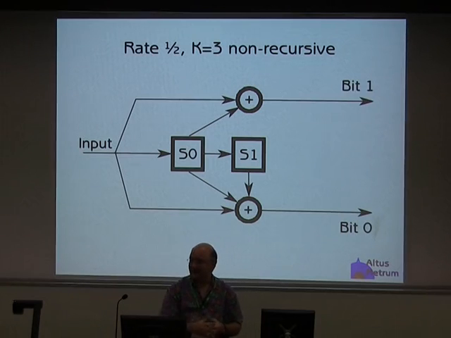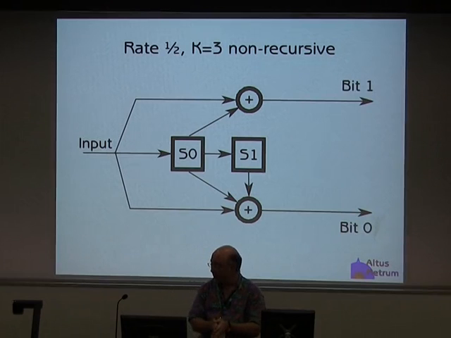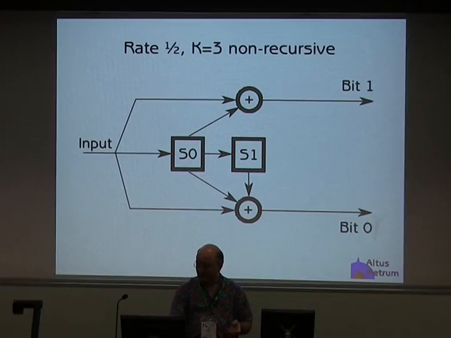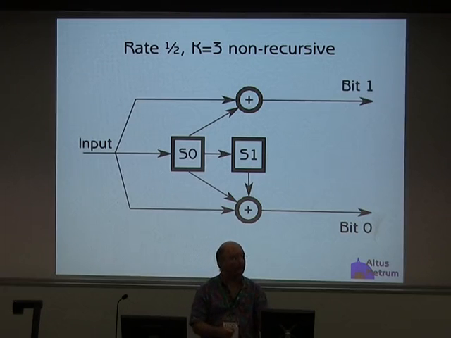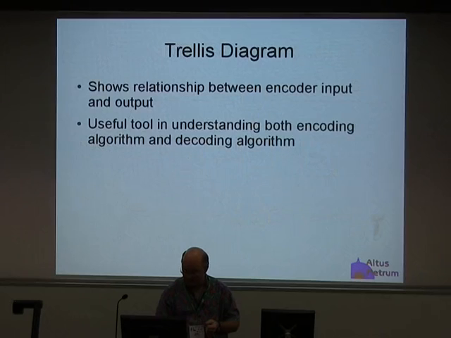If the previous state of S0 and S1 were both 1, and I stuck in a new 0 bit, then the output of the convolution encoder is going to be bit 1 will be 1 and bit 0 will be 0. So the output bits, bit 0 and bit 1, depend not only on the current bit, but on the previous 2 bits as well. And that's what this trellis diagram shows here.